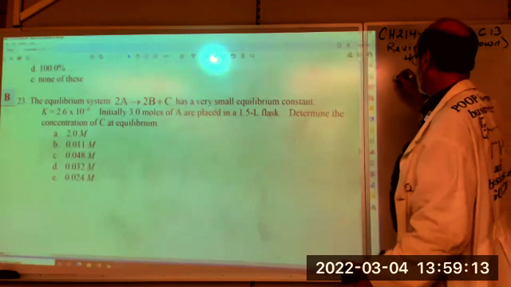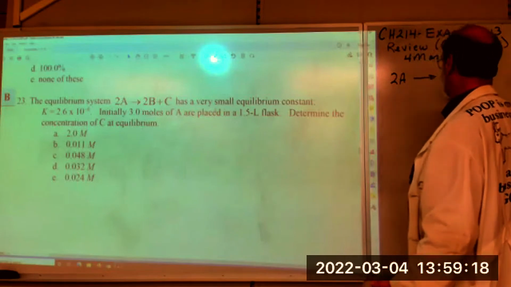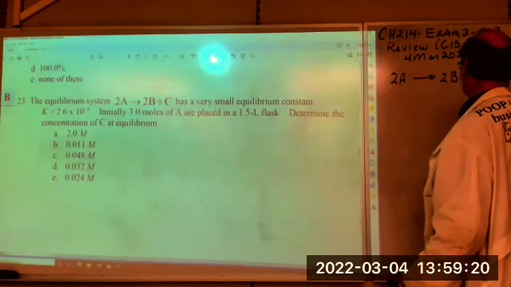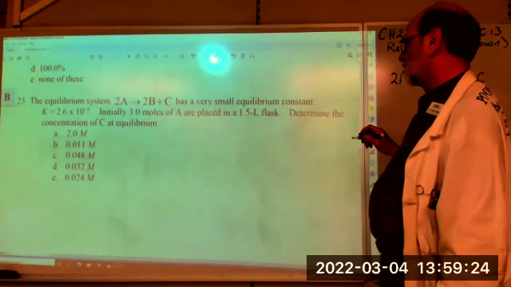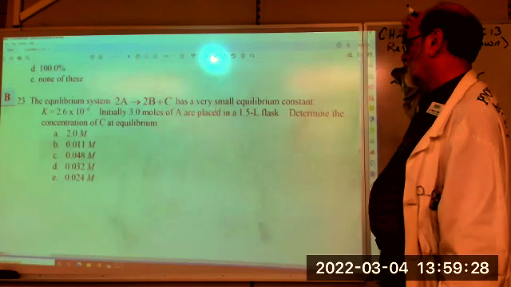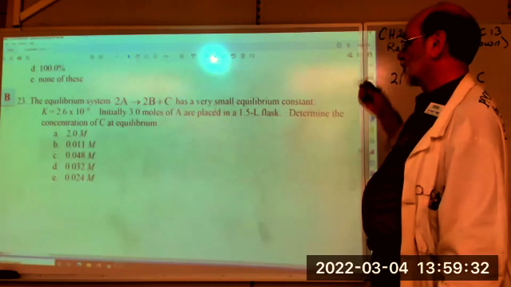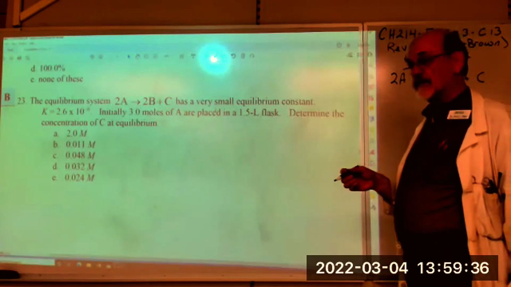Right? So we have 2A equals 2B plus C. Now, are they all gases? Doesn't say. So we have to assume that all of those terms are incorporated into the K value, right?